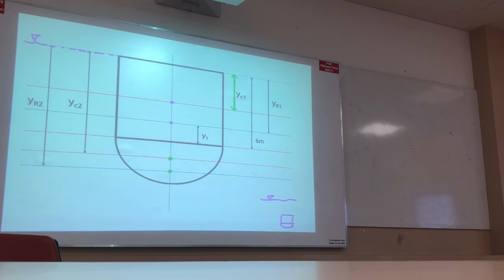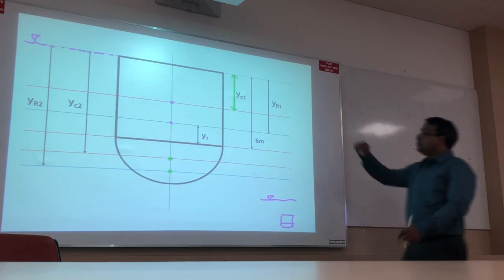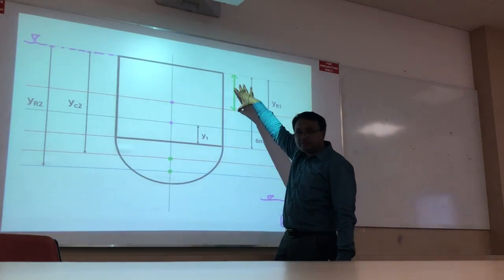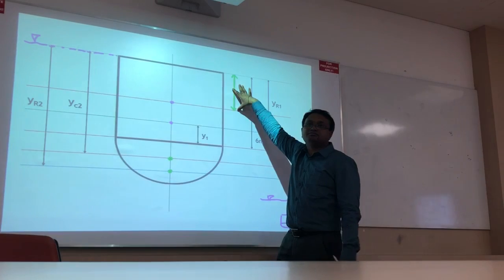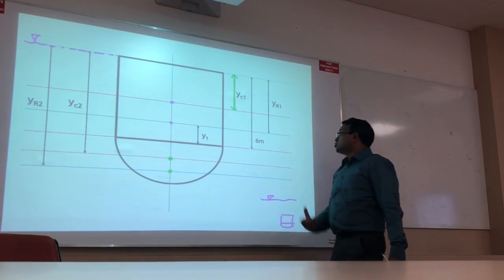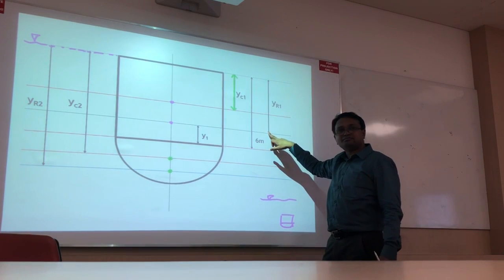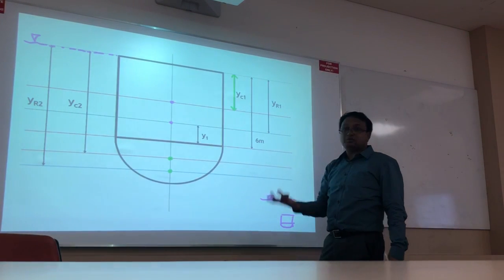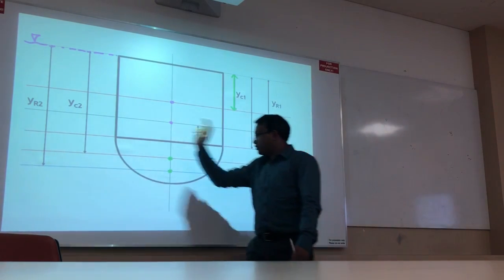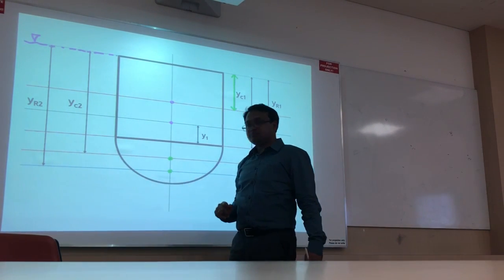What is the value of YC1? The distance from here to here, what is the number? 6. So this one is definitely 3, from the rectangular object. From here to here is 6, from here to here is 6, from here to here is 3.